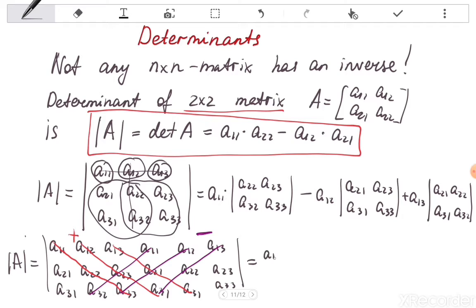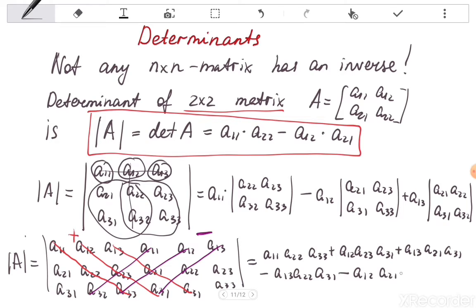So this is A11, A22, A33 plus A12, A23, A31 plus A13, A21, A32, and with minus sign we take A13, A22, A31 minus A12, A21, A33, and minus A11, A23, A32.